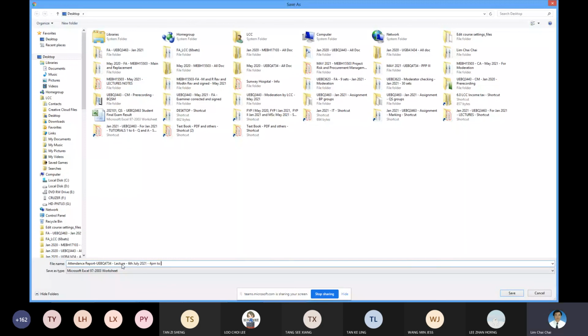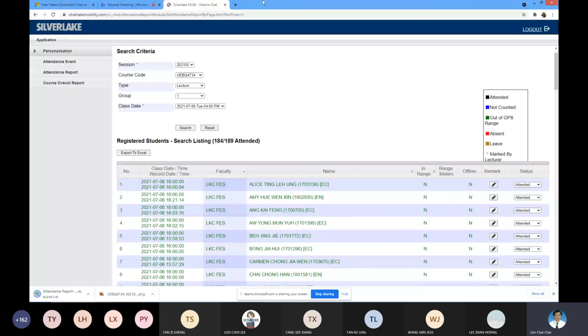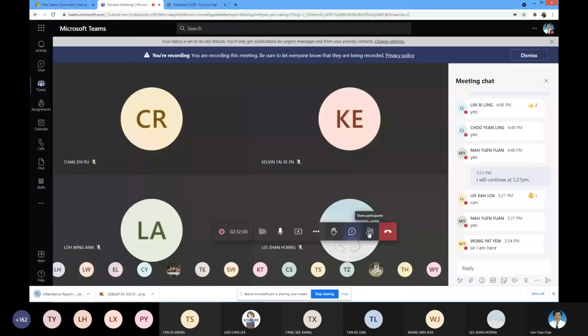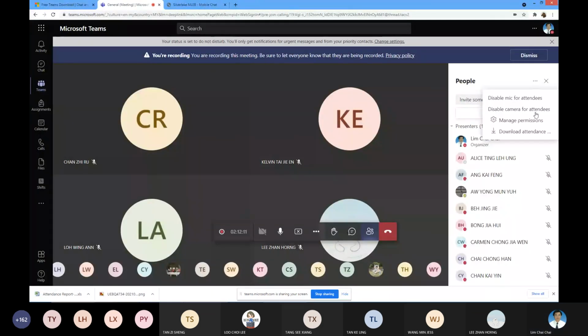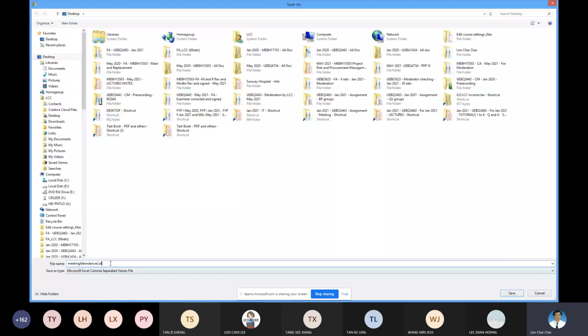Okay, save. And then here, just let me check through. I don't know why the figure here is different from the system.